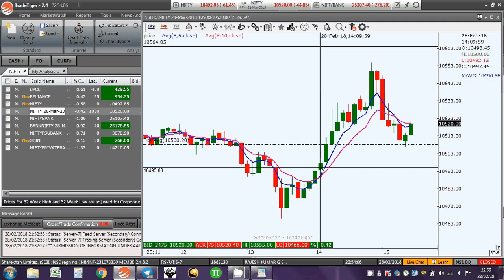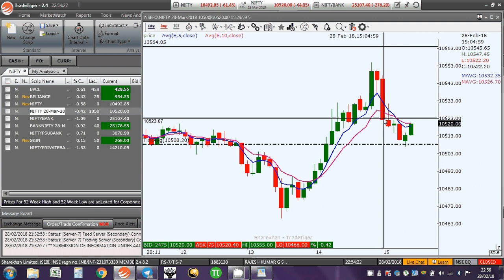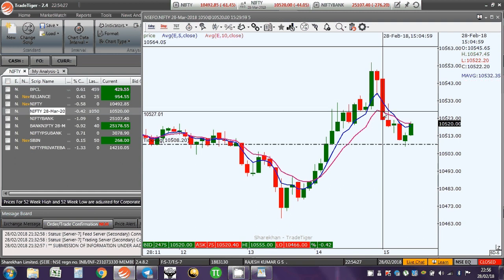If you are getting into trade 14:05 to 14:10, approximately 10,495, and you can wait here, and I suppose we are here. I will show you the exit point also. So we have entered at 495 and we would have come out at approximately 525.